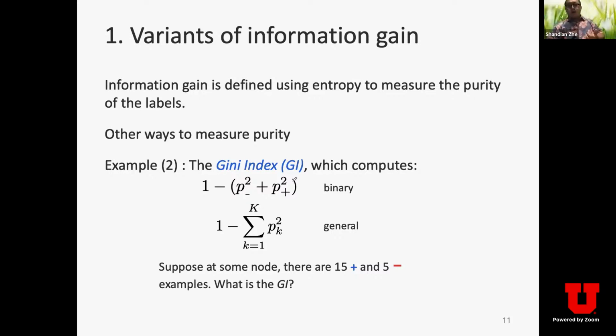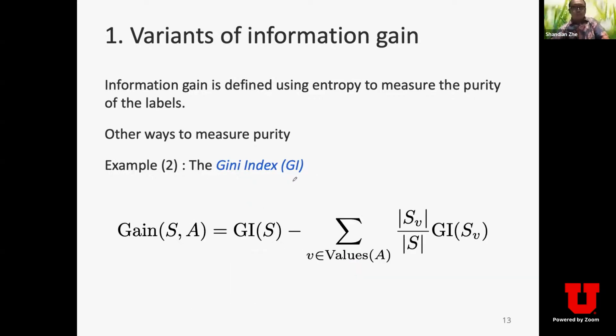That's how we get our Gini index gain. You can see that it follows the same formula as the information gain. The only difference is that I'm going to replace entropy here by my Gini index.